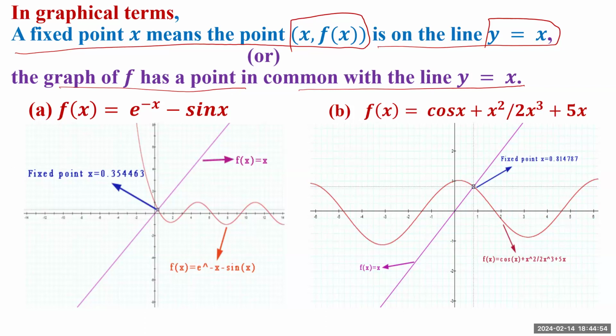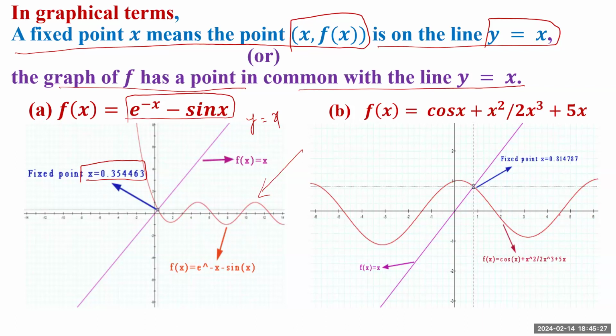If you see this function, f(x) = e^(−x) − sin x, this function intersects the line y = x at the point x = 0.354463. Of course, you can't find an exact natural number, but there is a positive real number. Similarly here.